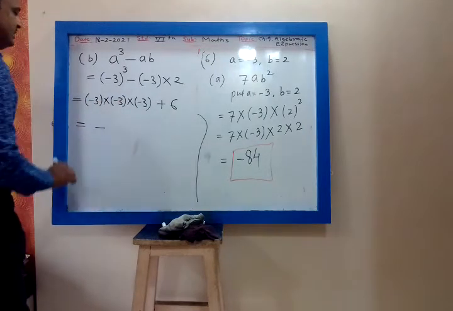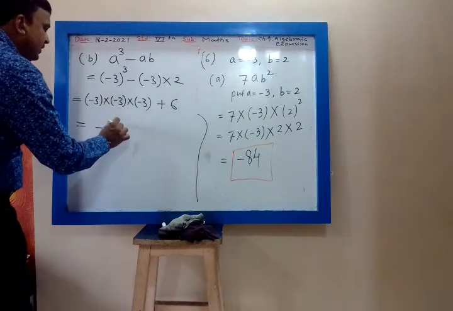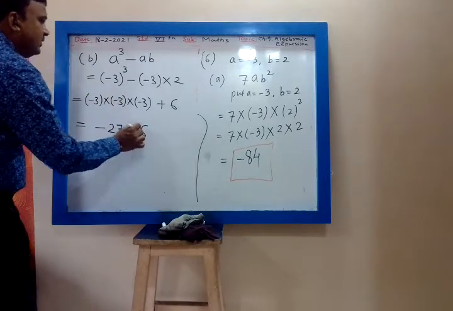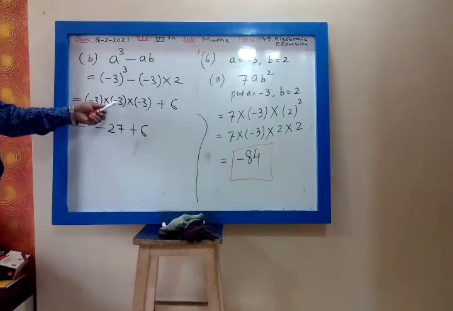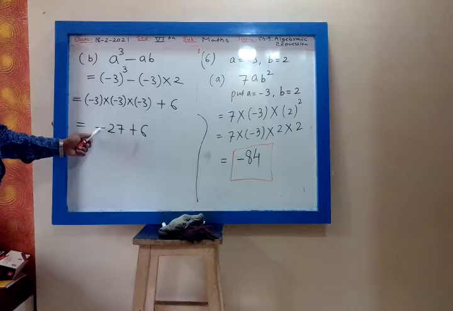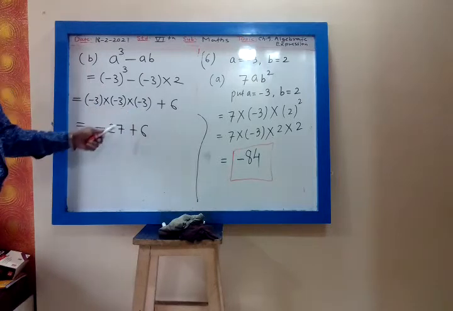So the answer is minus. 3 into 3, 9, 9 3s are 27. Then plus 6. Minus into minus plus, plus into minus minus. So the final sign is minus. Multiply the numbers, 3 into 3, 9, 9 into 3, 27.